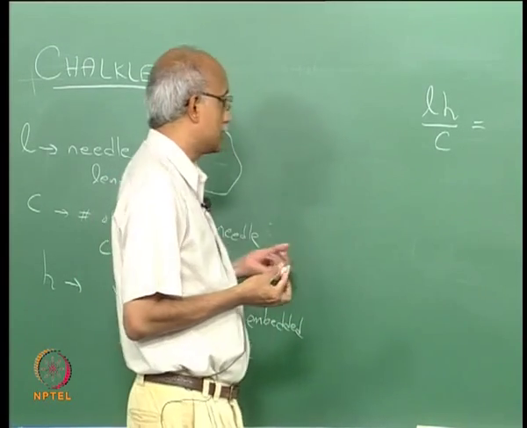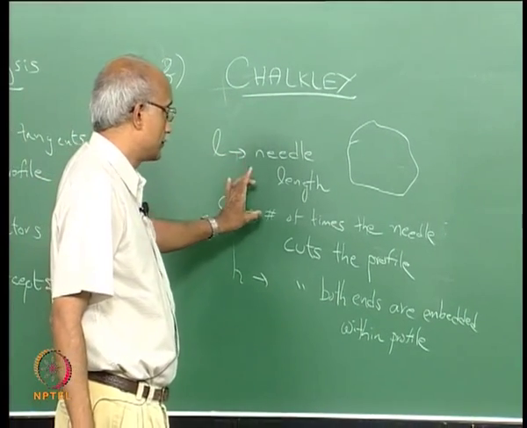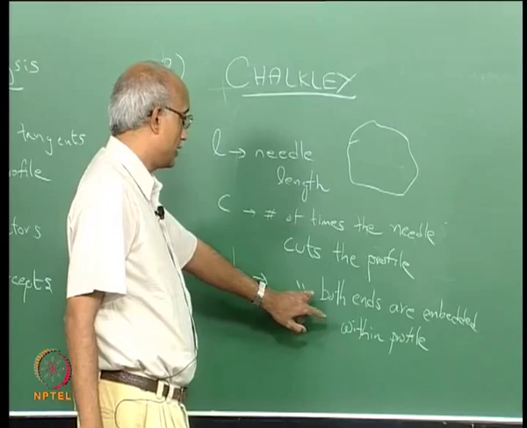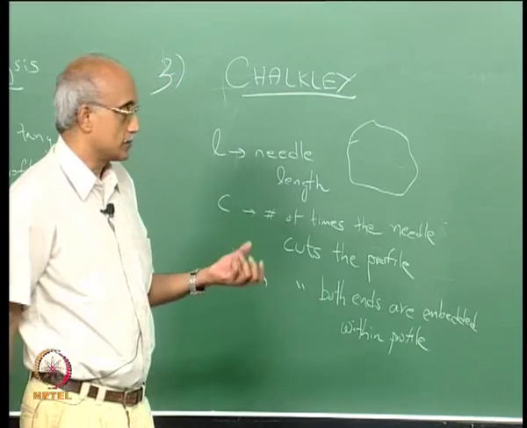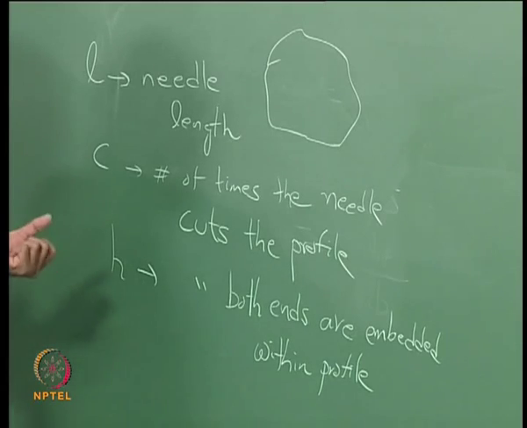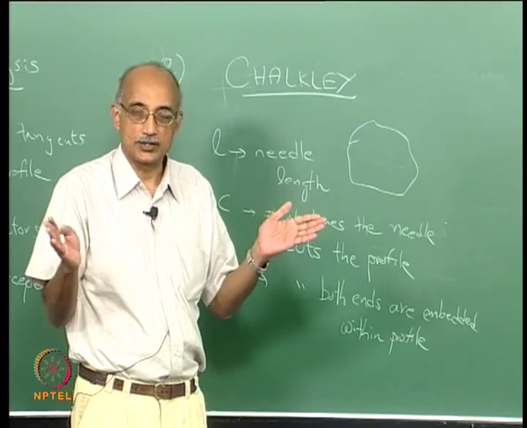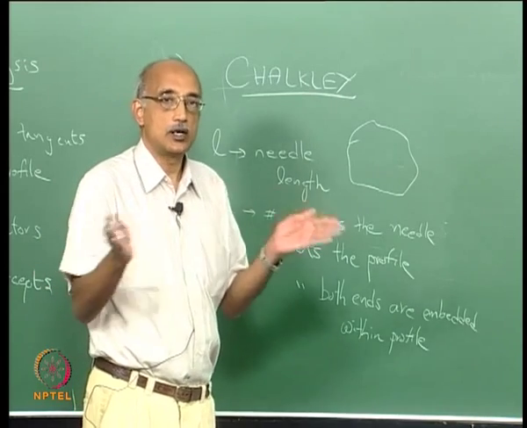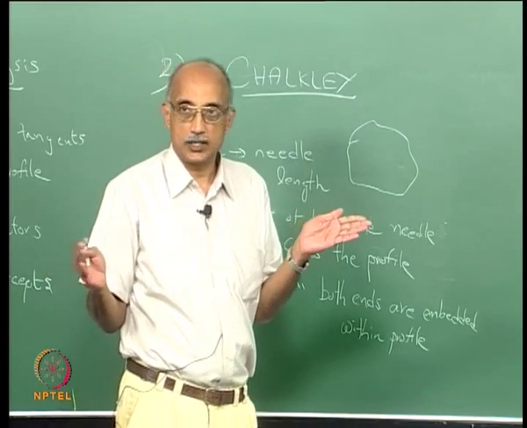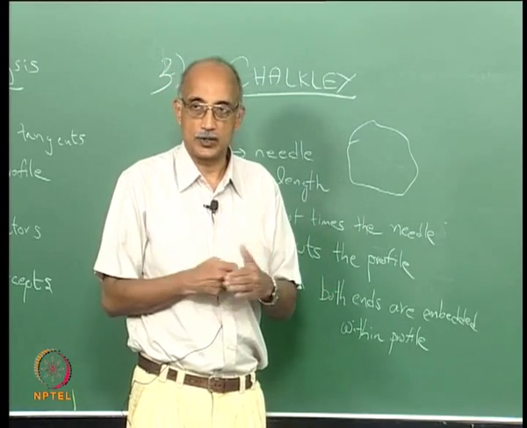So, the idea is that if you take the length of the needle and you multiply it by the number of times they are both embedded within the profile, that tells you that the profile is very long essentially, because the more elongated the profile of the object, the more likely that the needle will become completely encapsulated.